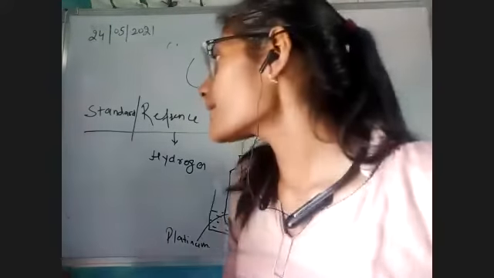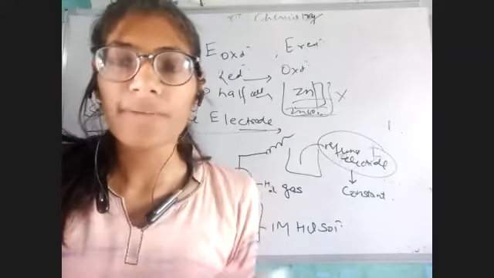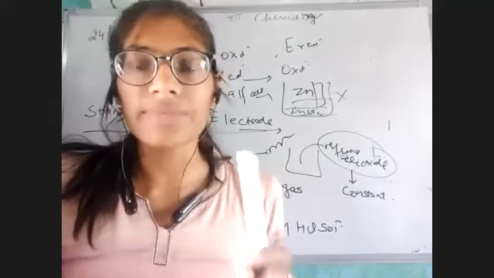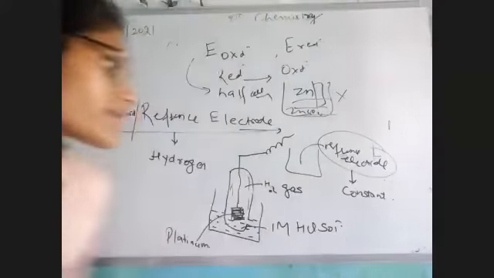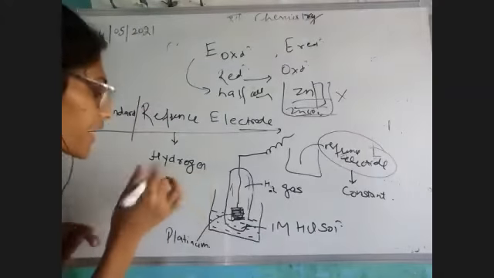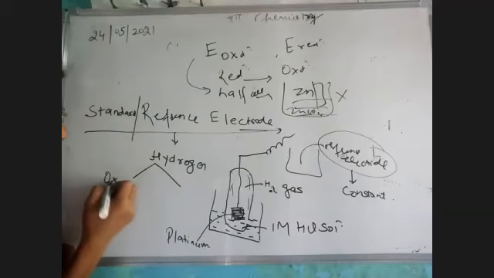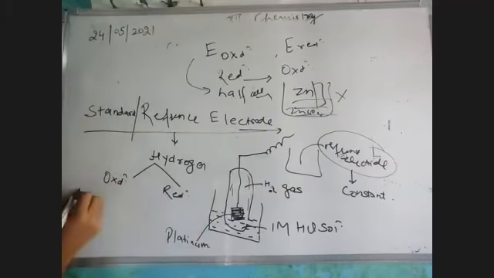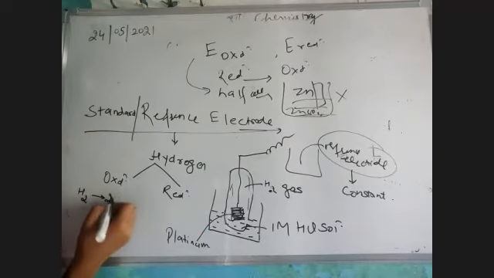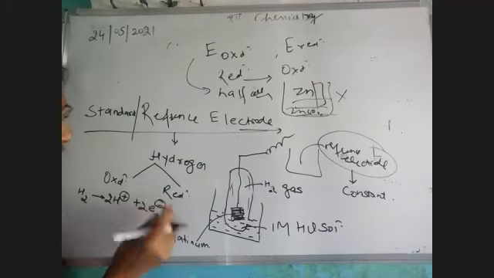But the point is, since it is a standard electrode, a reference electrode, and we have seen that there are some oxidation electrode potentials and some reduction electrode potentials, I can say that the hydrogen electrode is behaving both as oxidation as well as reduction. Like H2 is releasing 2H positive plus 2 electrons. This is oxidation.